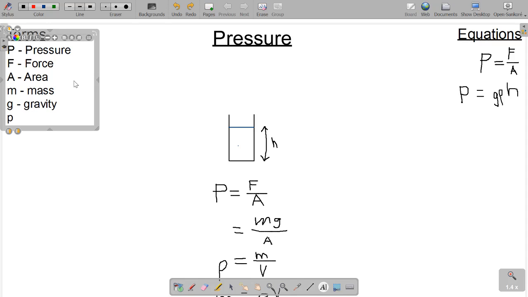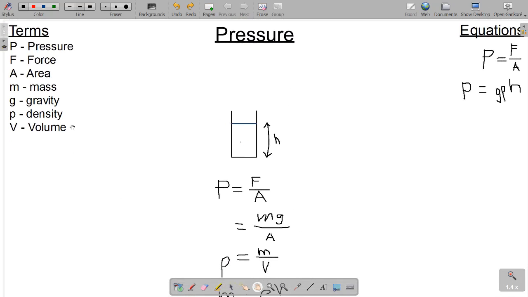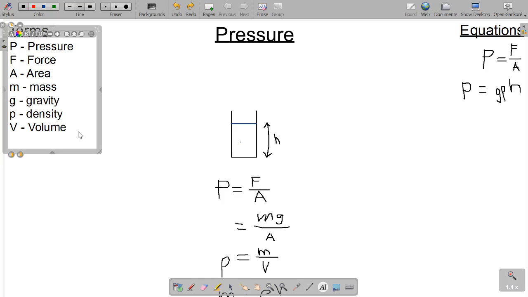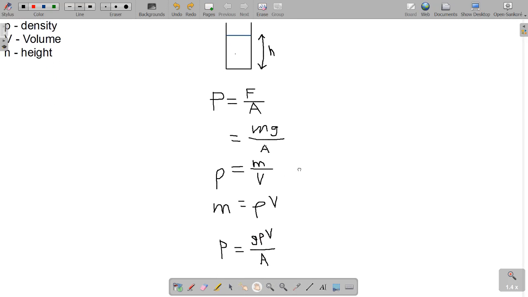Rho, or small letter p, is the density. V is the volume. And h is the height. This is the formula for pressure at a point in a fluid. Let me reset it.